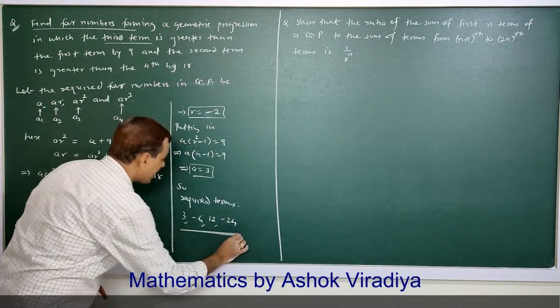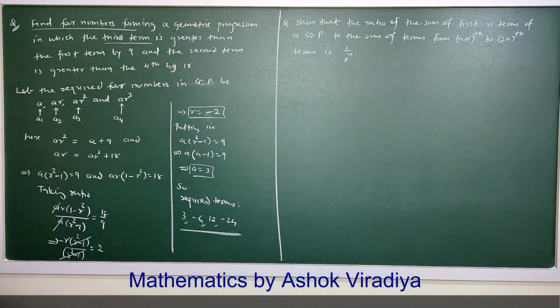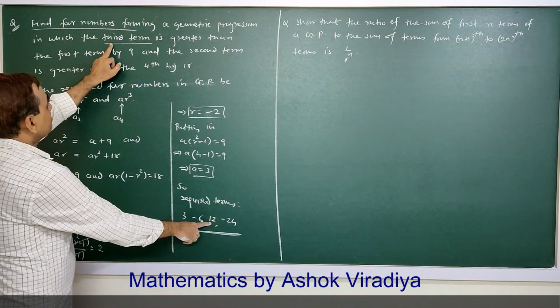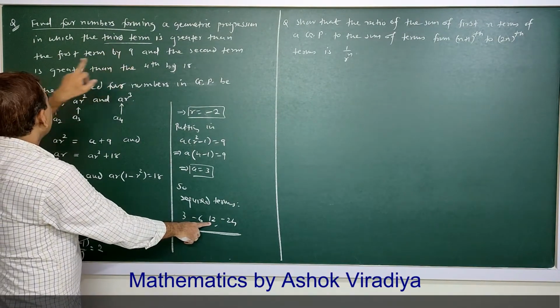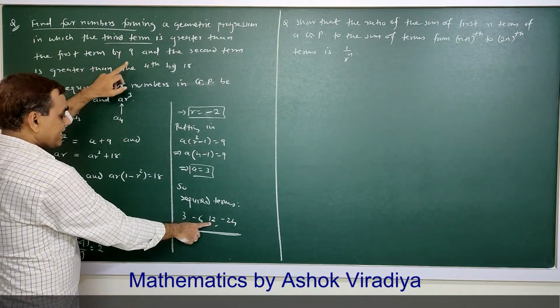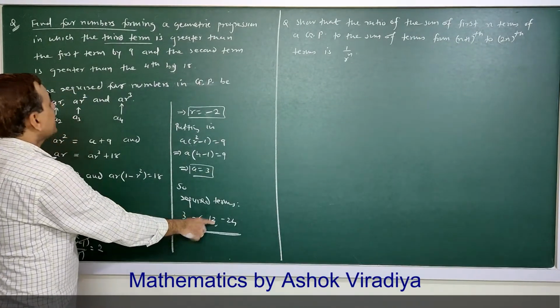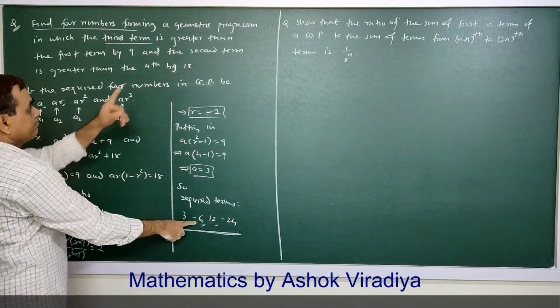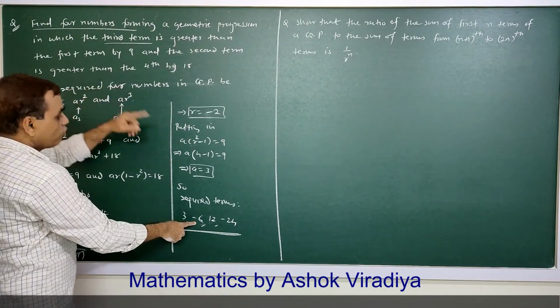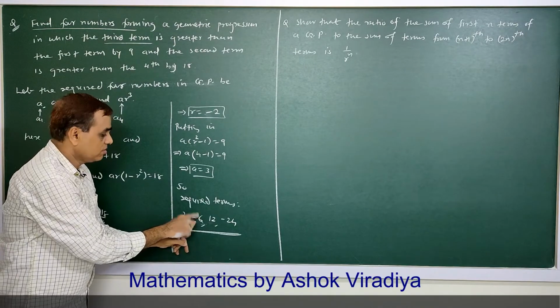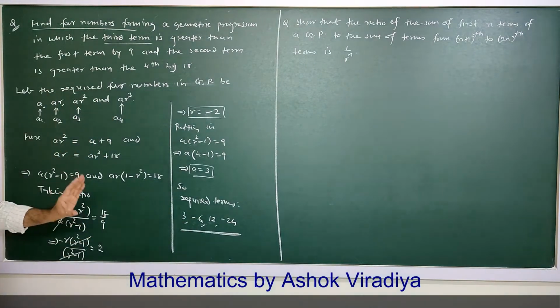So these are the required numbers, and you can verify here. See, the third term is greater than the first term by 9. So this is 9 more than the first term. And the second term is greater than the fourth term by 18. So this is 18 more. So here the conditions are satisfied.